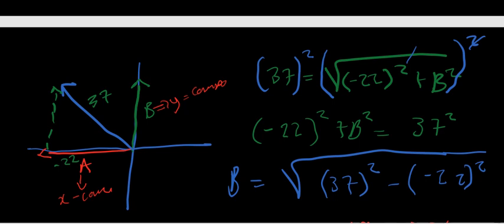For you to have vector a and b, which is this guy, vector a plus b, which is 37 units, this vector a and b is just the resultant, and this one and that one, they're just the vector components. So this is how easy the question was.